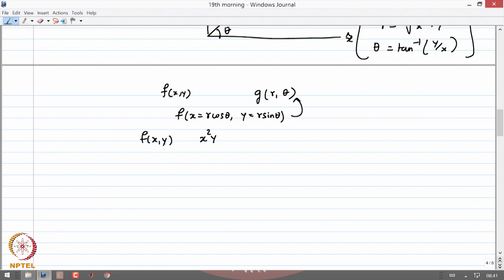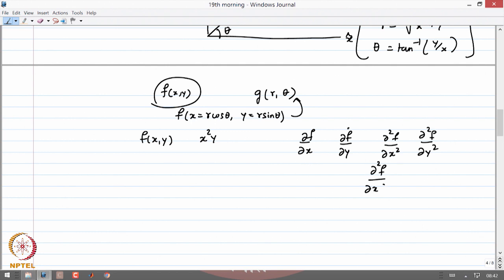Now, in the xy framework we have partial derivatives: dou f by dou x, dou f by dou y, dou squared f by dou x squared, dou squared f by dou y squared, and dou squared f by dou x dou y, and so on.